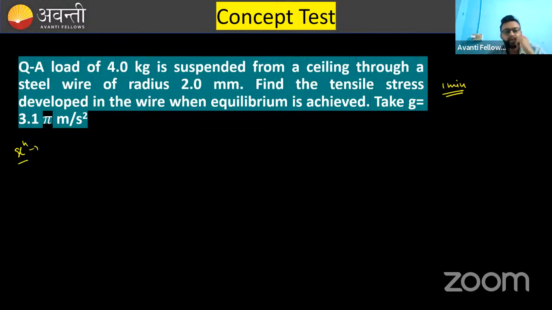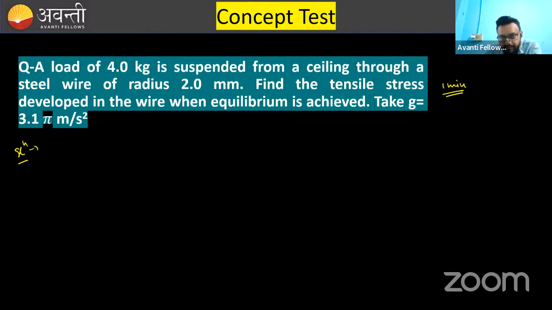What does the question say? A load of 4 kg is suspended from a ceiling through a steel wire of radius 2 mm. So now stop it here and try to draw the diagram.